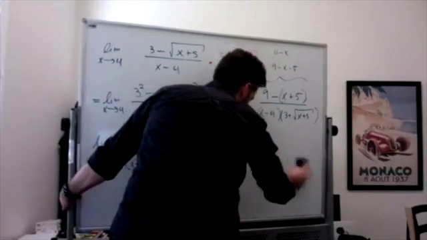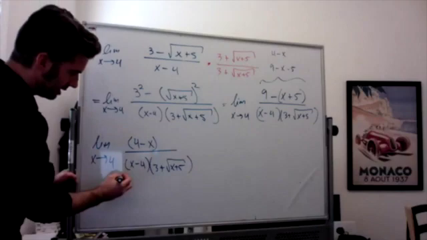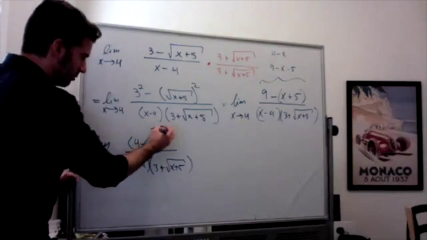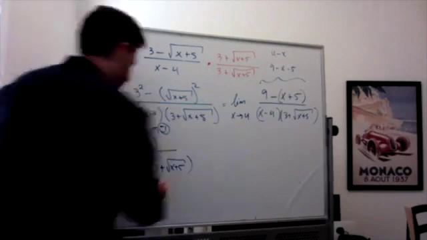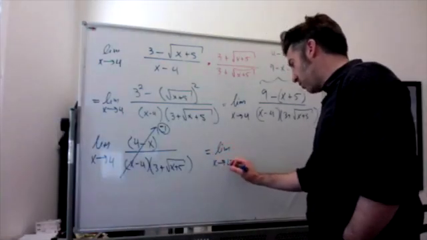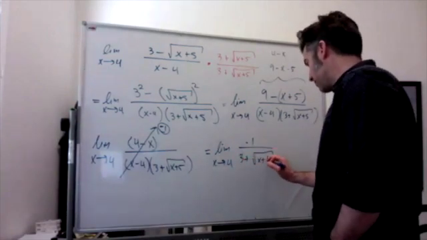So often what I do when I get to something like this is I say that these cancel, but leave behind a -1. So this is going to equal the limit as x approaches 4 of -1 over 3 plus the square root of x plus 5.